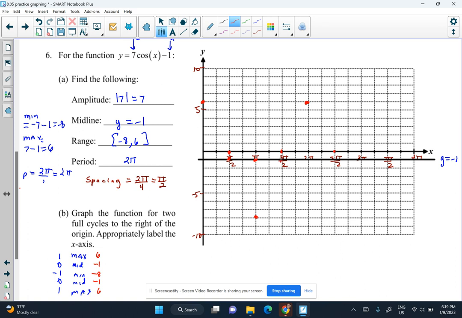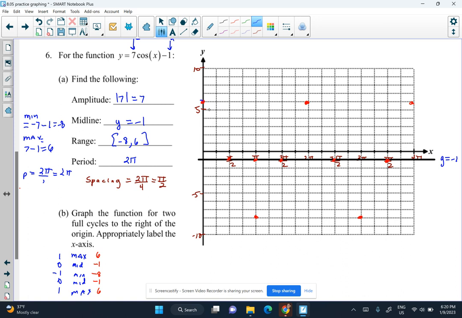I have to fix those dots. So here's the midline. I should have done it in a different color so my eyes didn't get distracted. Okay, back to the minimum, midline, and maximum value.